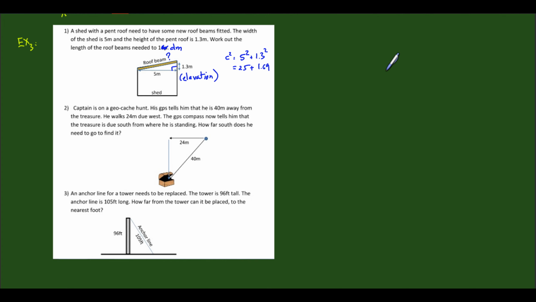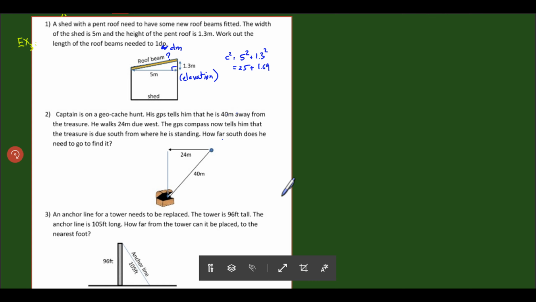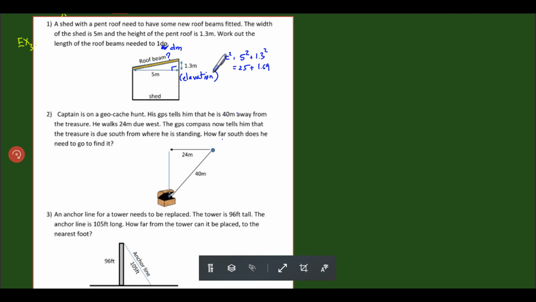Let me make this picture bigger. There you go, a little bit bigger. So this is 1.69 plus 25.